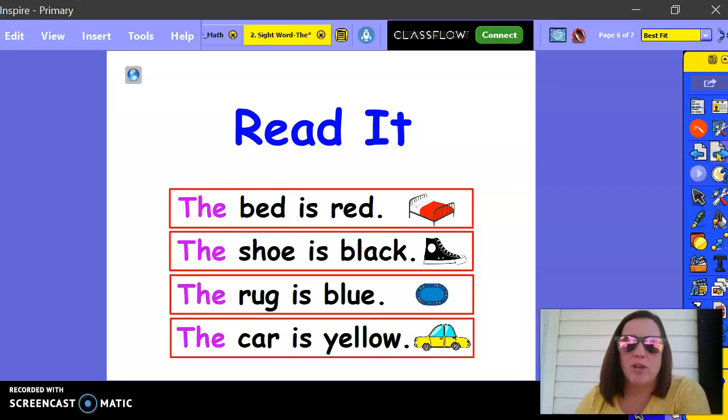You can read to them because they might not know. So they need your help. I'll do the first one. The bed is red. All right, you read the next one. Good. Okay, you read the next one. Good. And you can read the last one.